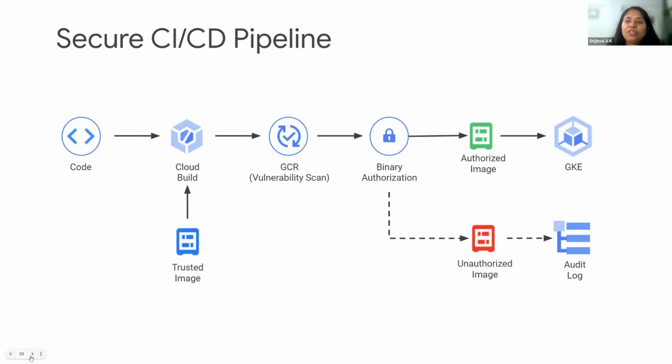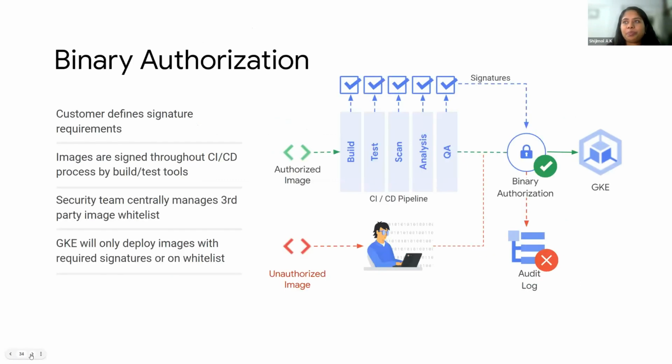So at each step of the way you can implement these security mechanisms: use a trusted image, scan the image, ensure that you are signing it with a key, and then check it later during deployment. These are different ways of securing your CI/CD pipeline.